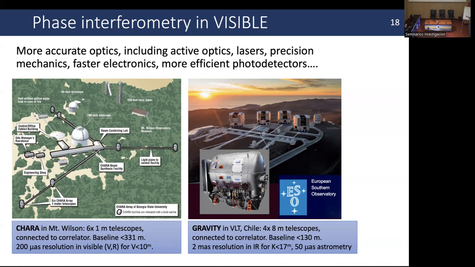And GRAVITY is a state-of-the-art detector at the VLT, doing interferometry in the VLTI, achieving resolutions in the infrared of 2 milliarcseconds or so, okay? It can also do astrometry with 50 microarcsecond precision. Okay, so the visible is going on, but it's mainly restricted to the infrared.